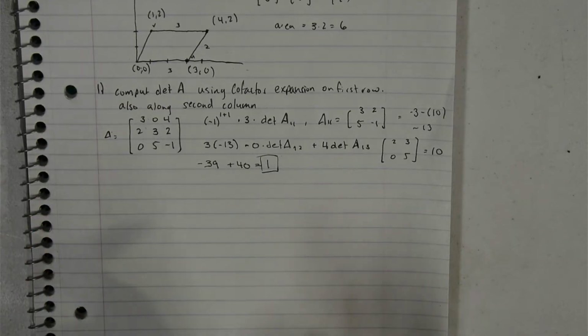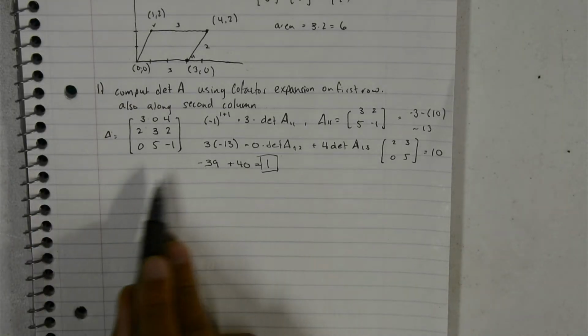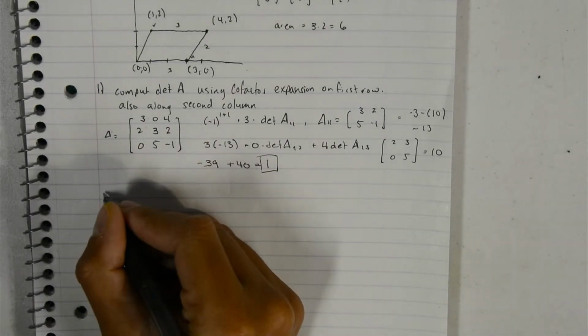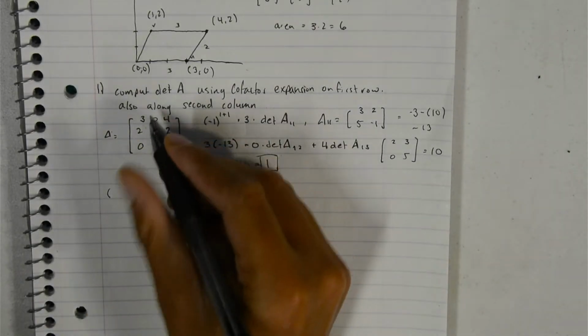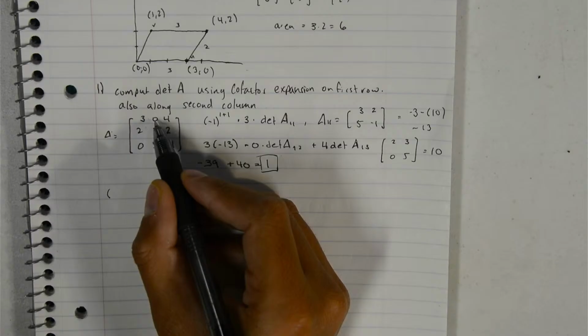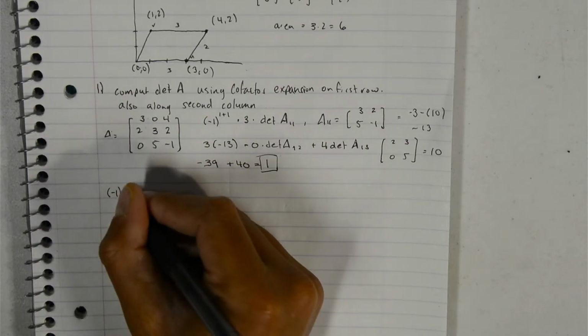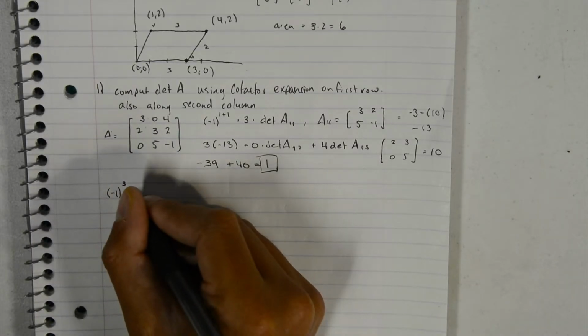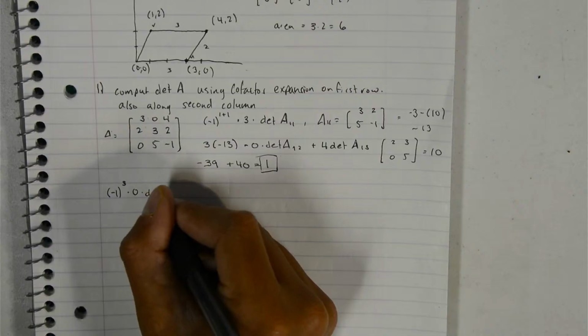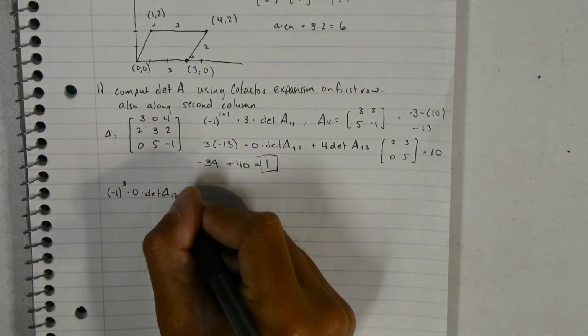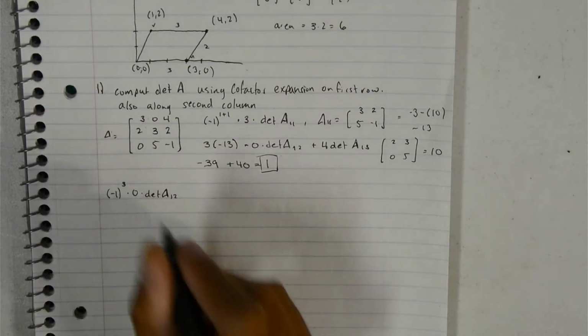Now we have to do it along the second column, right? So now we're going to get, so 0. So we're starting along this column. This is going to be 1, 2. So we're going to get minus 1 to the 3 times 0 times det A12. But this becomes 0, so we don't have to compute that.